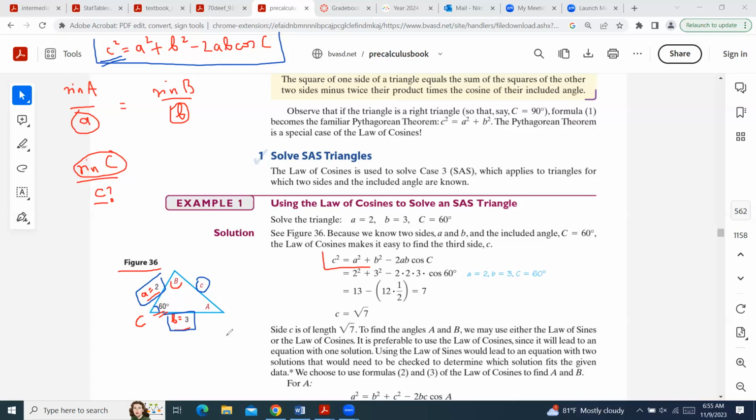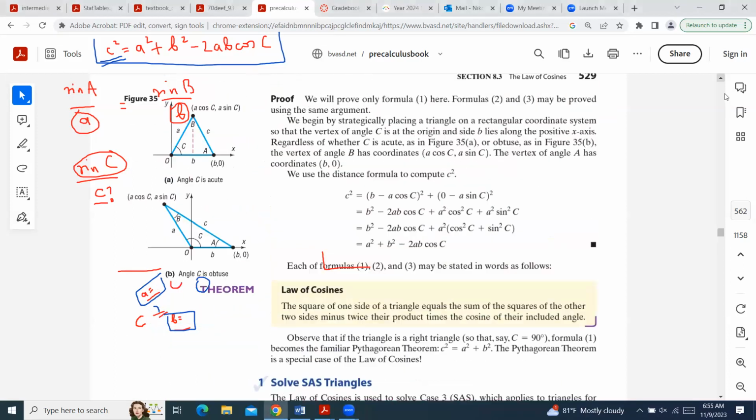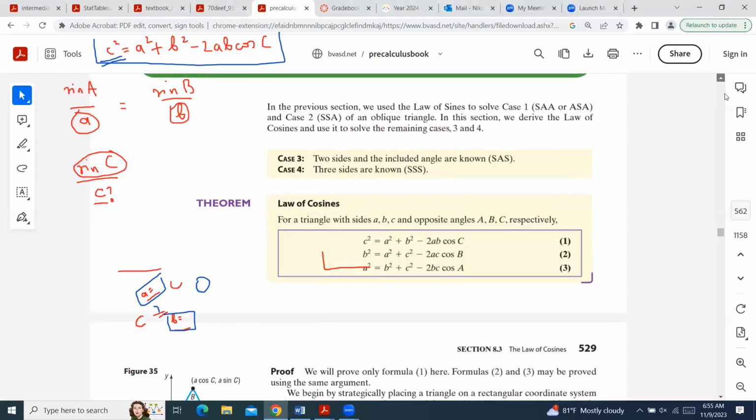So there are two sides and an angle in between, and that's what we're going to utilize. So we're going to go with the formulas that this section provides us. There are three of them.